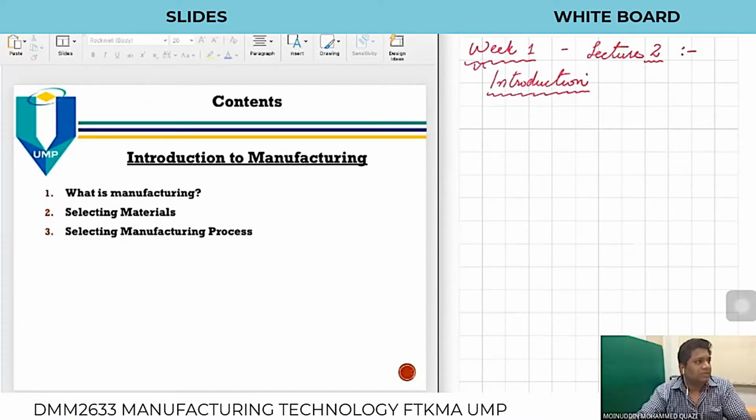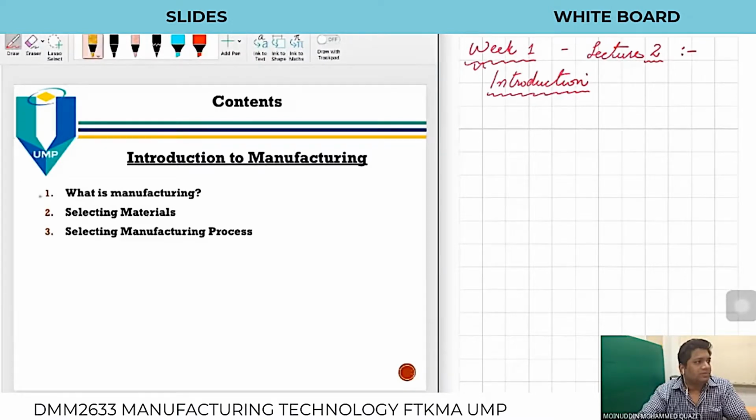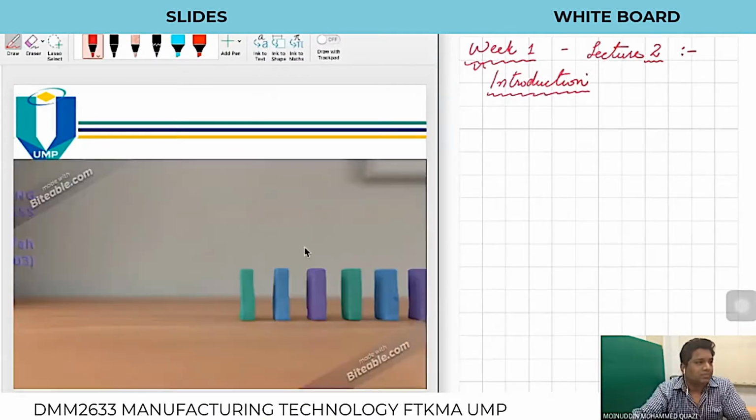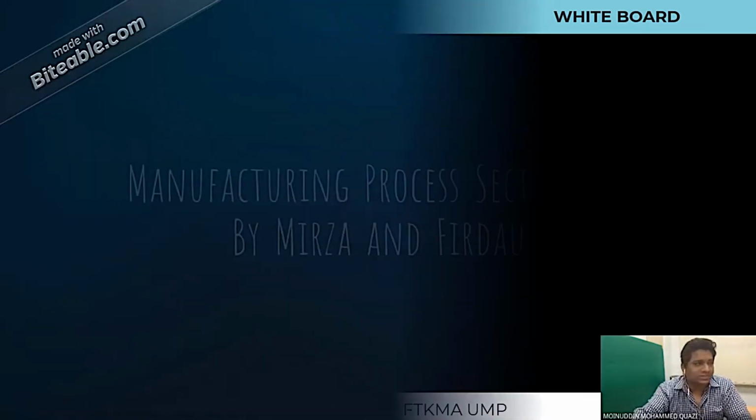So we are going to go through manufacturing, selection of materials, and selection of manufacturing process. So I've already shared this video. I hope you guys have gone through and already have some idea of manufacturing process.